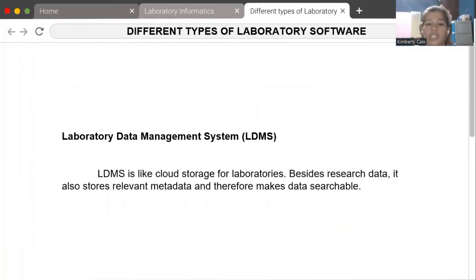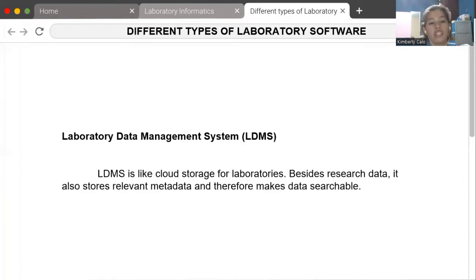So next is the Laboratory Data Management System or the LDMS. LDMS is like cloud storage for laboratories. Besides research data, it also stores relevant metadata and therefore makes the data searchable.